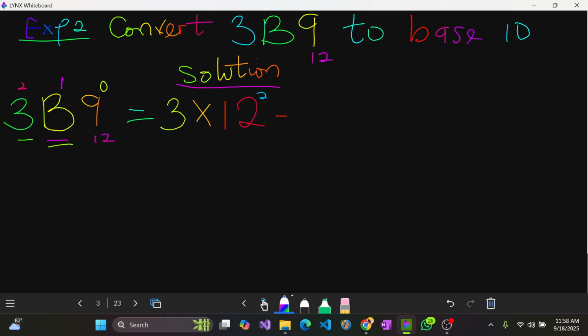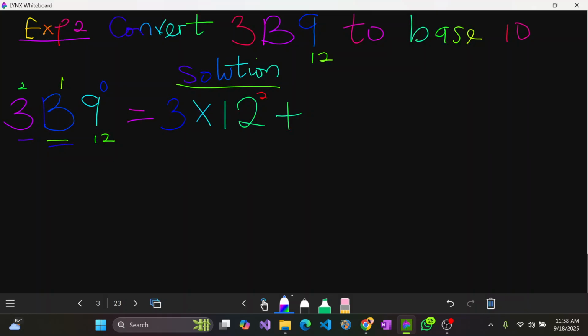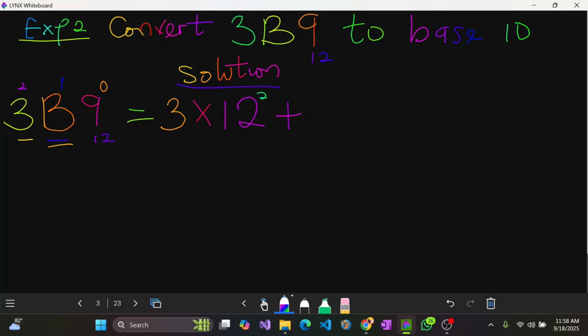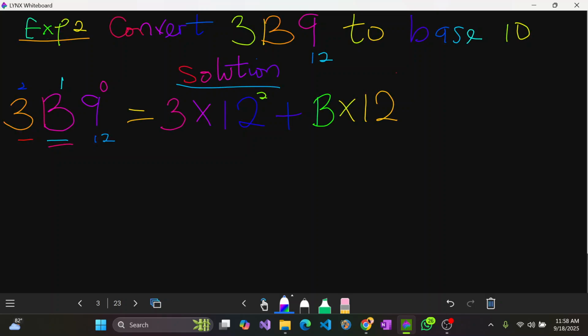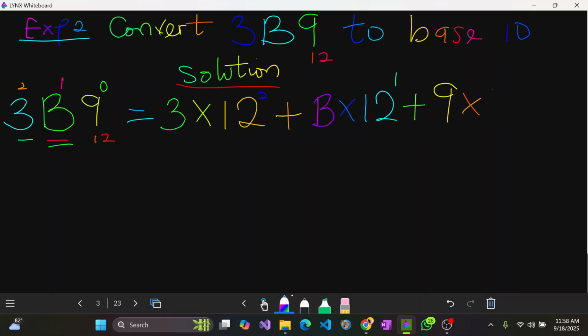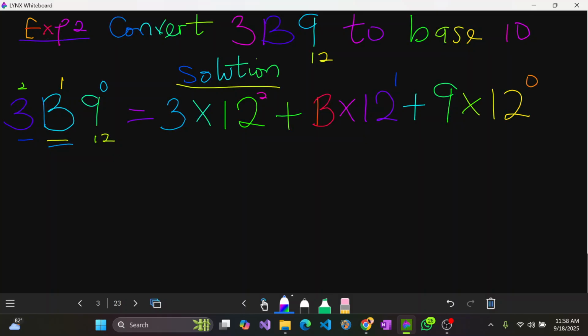Then plus B multiplied by 12 raised to the power of 1. But take note, B represents 11. Then plus 9 multiplied by 12 raised to the power of 0.